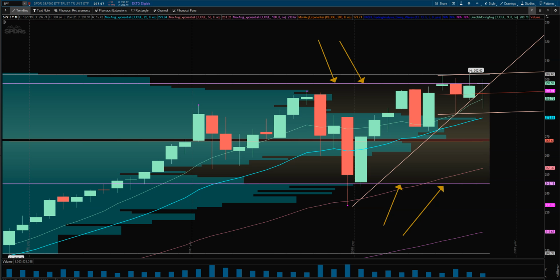So what does that mean? We call out both a high level and a low level where the majority of volume over a time frame has taken place. Over the last 3 years, the majority of the volume for the S&P 500 exchange traded fund has taken place between the price levels of 297 and 245.